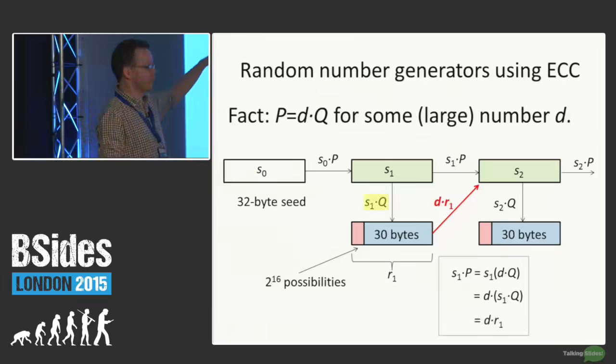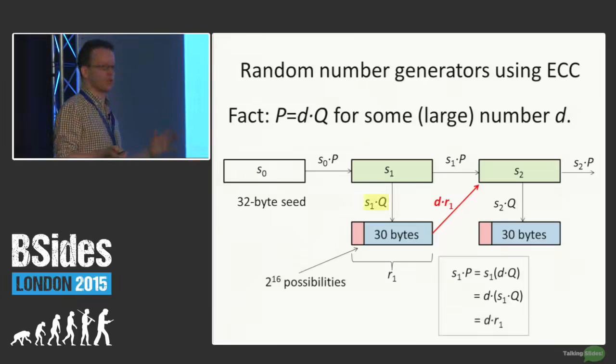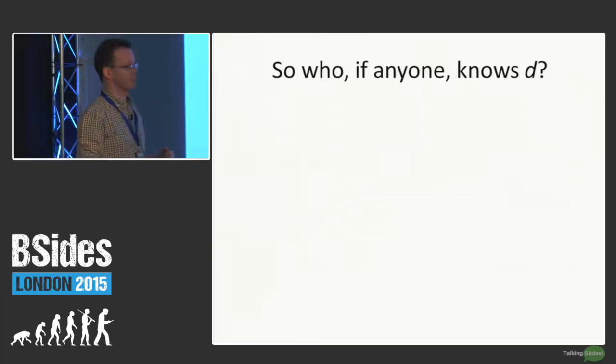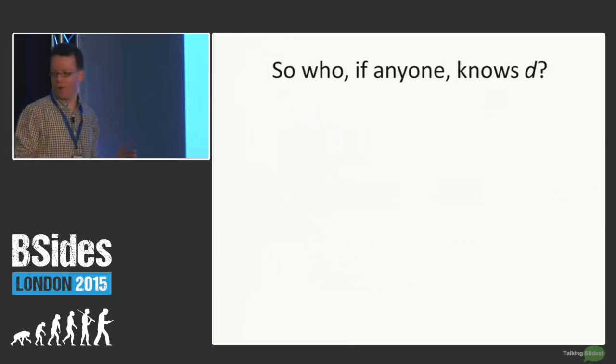So I'll just show you that the red arrow indeed works. So if someone knows this secret number D, they can crack the algorithm. This is a big problem.